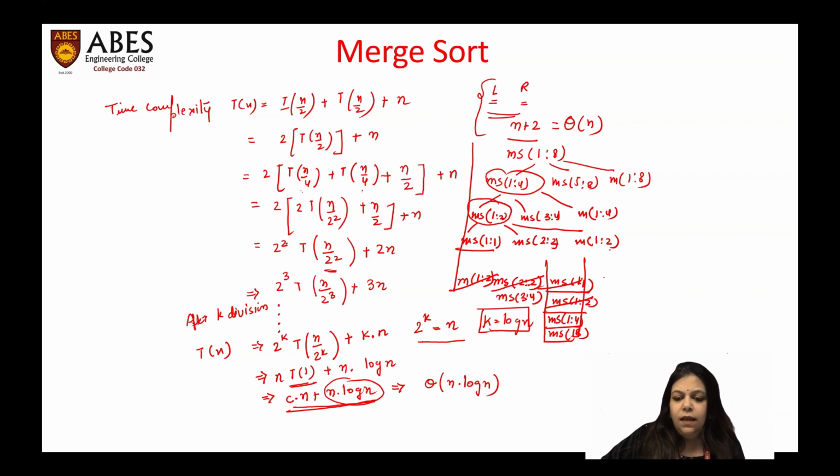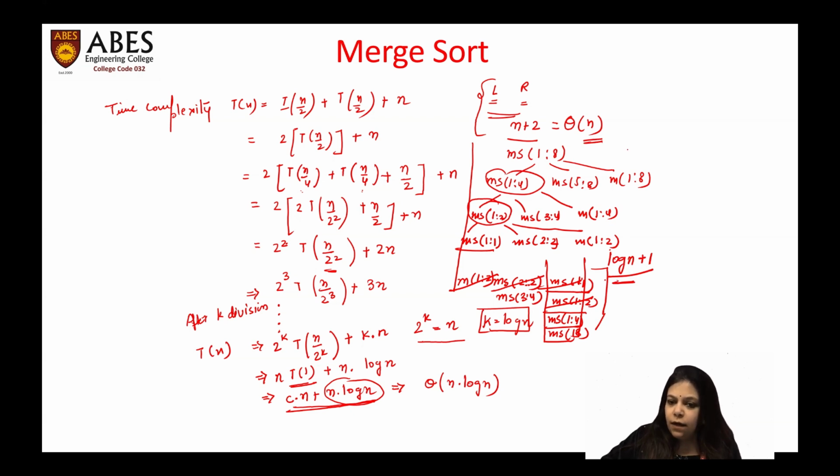So we can see here that the maximum number of activation records formed will not be more than log n plus 1. Earlier, we computed the space complexity as having a maximum order of n, and from the activation record, we have computed the space complexity as log n plus 1.